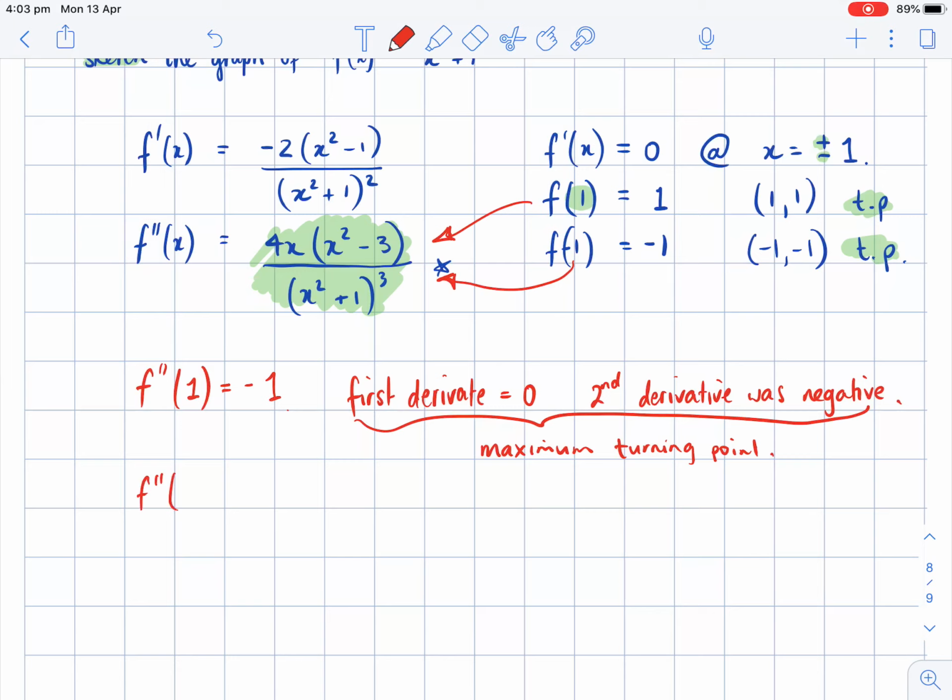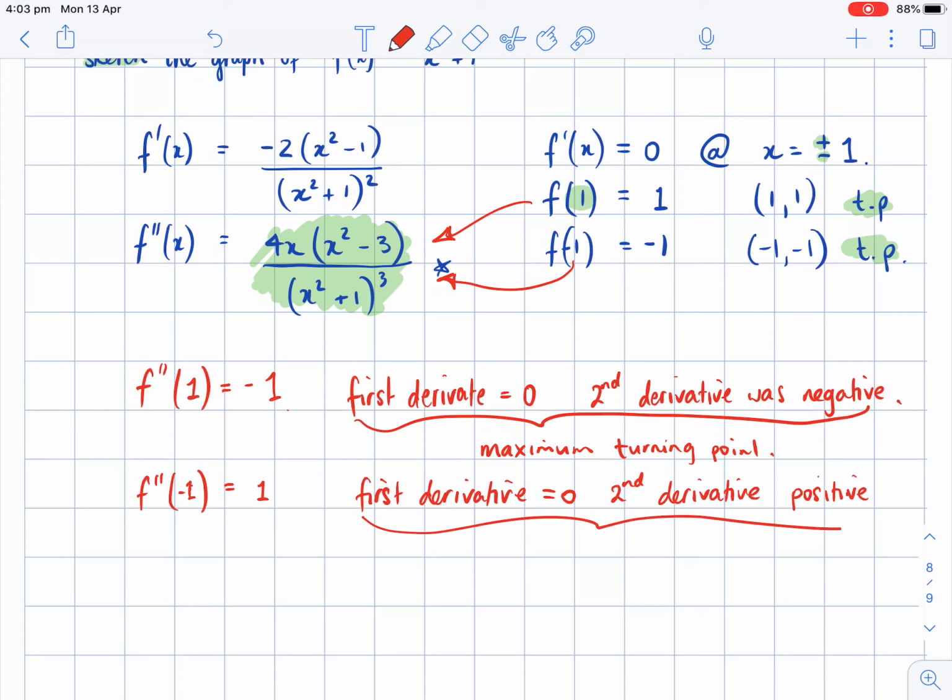So the first derivative equaled 0. The second derivative was positive. Put those two things together and you've got a minimum point.